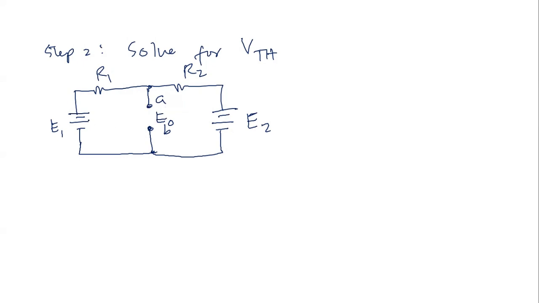Since there are two sources, and there is no current at the open circuited terminals, the current can flow from E1 to E2, and the same current flows through R1 and R2 since they are now connected in series. So if we call the current here as I, we will use KVL to solve for I.